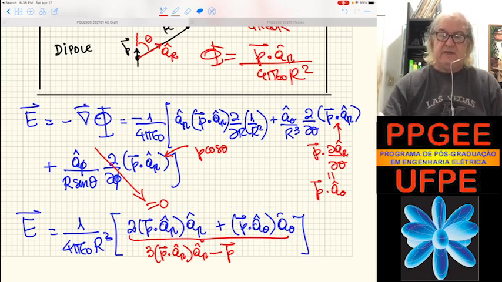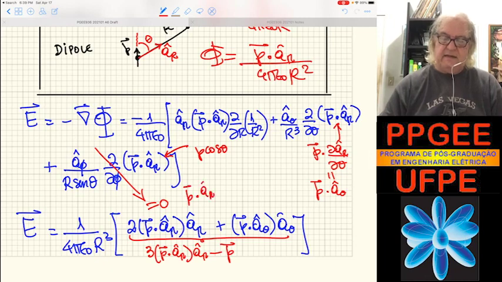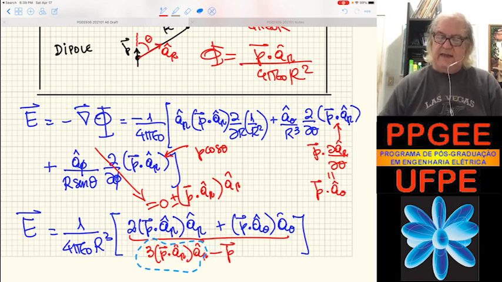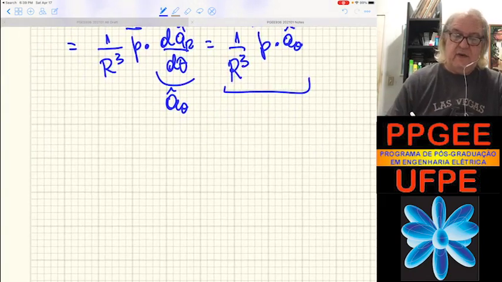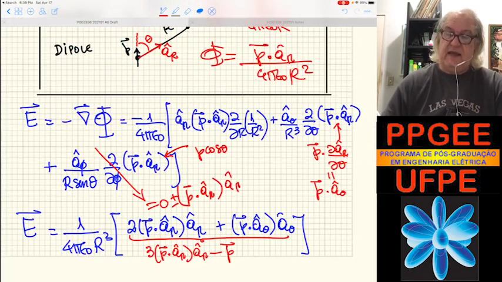We can add and subtract P dot AR. You can add this and subtract. So you're going to end up with 3, and there's going to be a term which, when you subtract, just notice that we have this factor here.